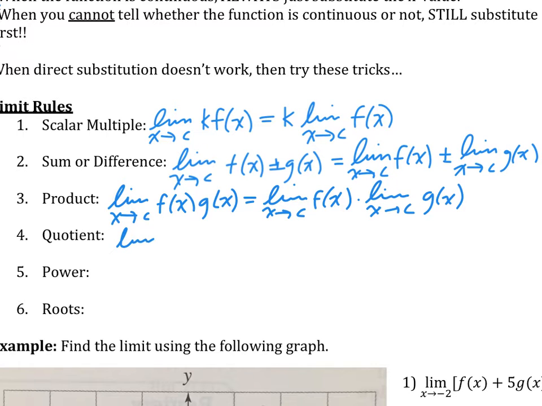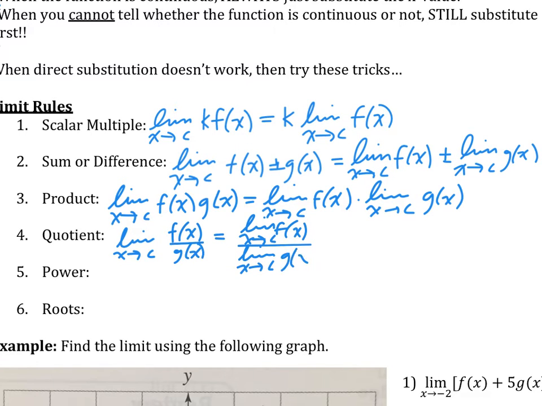If you have the limit as x goes to c of, let's say, f over g, then you could evaluate the limit separately. So please do remember these limit rules for future reference. And obviously, this will not work if this is 0, so this cannot be 0.